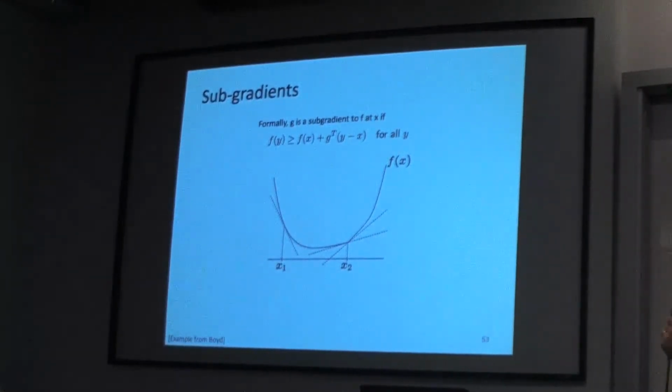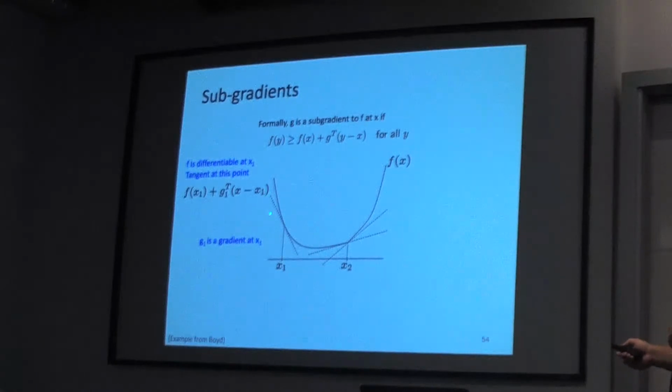So let us first look at x1. At x1, we know the function value is f of x1. So we can easily draw a tangent line, which passes through x1 and f of x1, and this dashed line obviously stays below the entire volume of f of x.